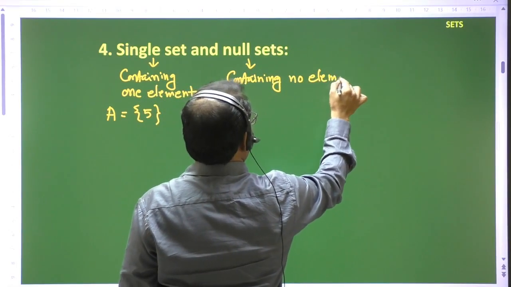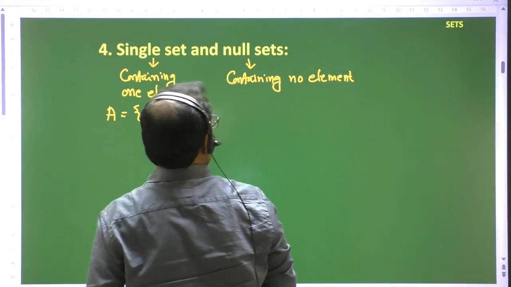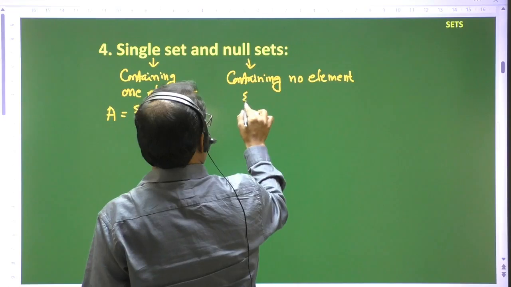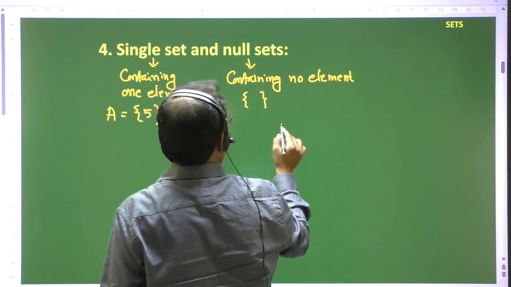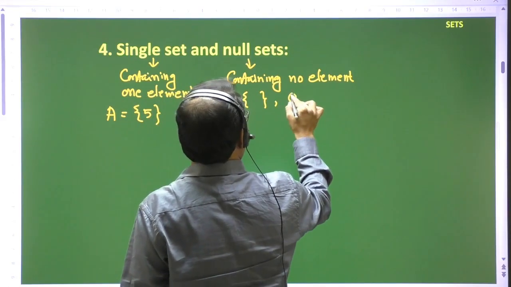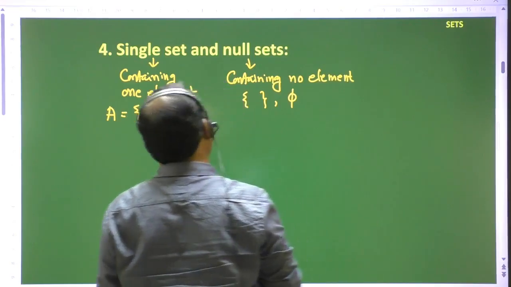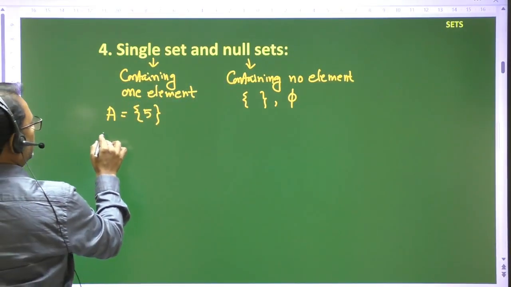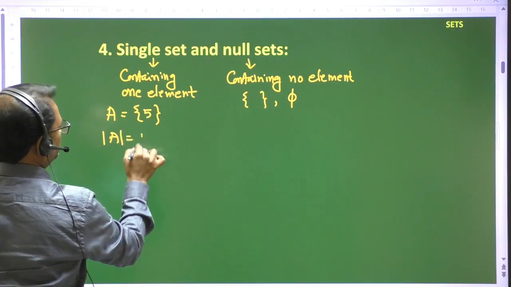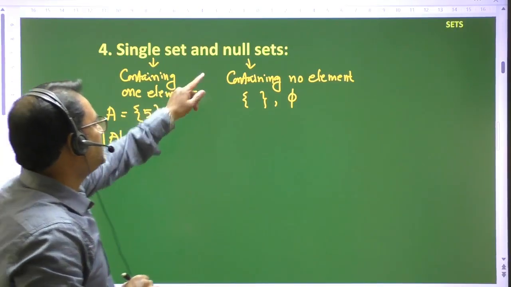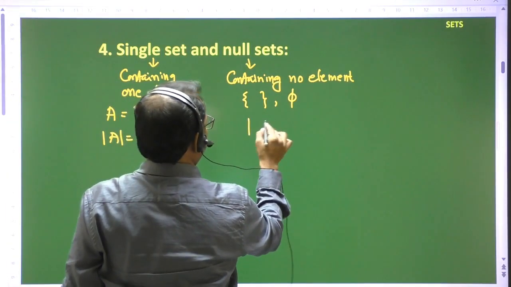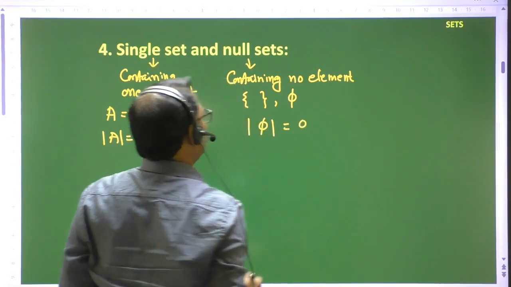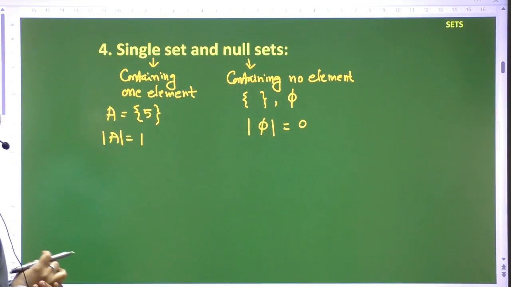In this set the number of elements is 0; there is no element in the set. It is called the null set. It is generally denoted by empty curly brackets, or by phi. If I ask you for the singleton set, what is the cardinal number? Cardinal number is 1. What is the cardinal number of the null set? Cardinal number of the null set is 0. There is no element in the null set.